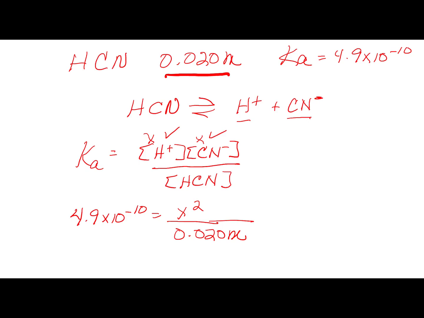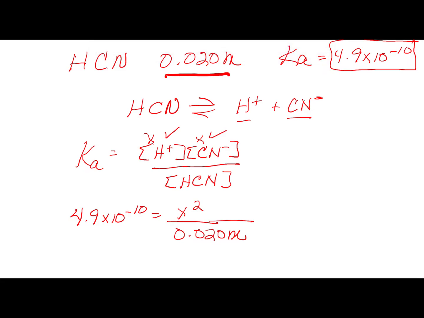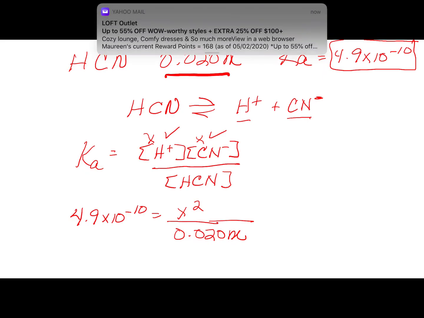My 0.02 will decrease by X, but this number is so small that effectively most of the hydrocyanic acid is going to stay hydrocyanic acid. So now we simply solve for X, which will be our hydrogen ion concentration. So I will take my 4.9, do this in your calculator while I do, second E minus 10 times 0.02, and I get 9.8 times 10 to the minus 12, and then I'm going to take the square root of that.